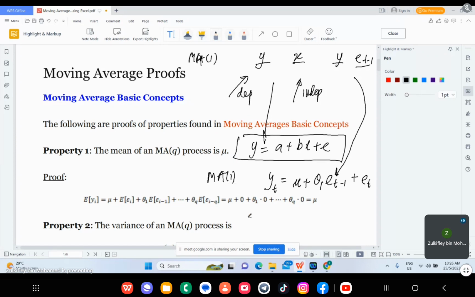Begitu juga kalau MA2, this is a linear regression. Kalau kita ada MA2, it becomes multiple regression.